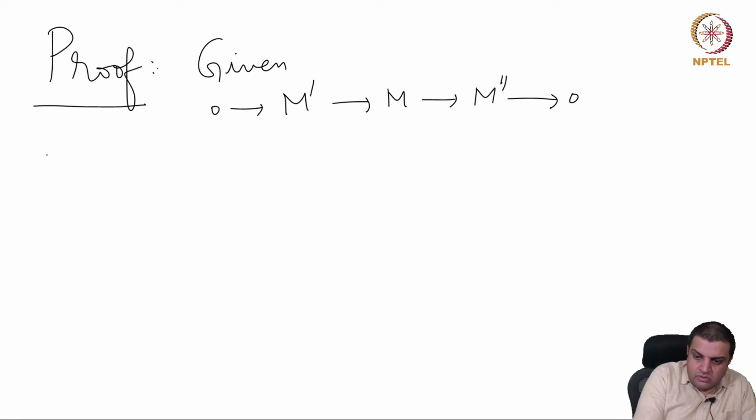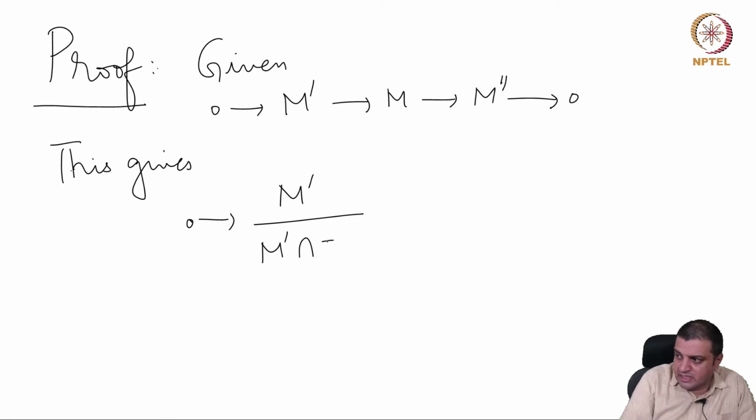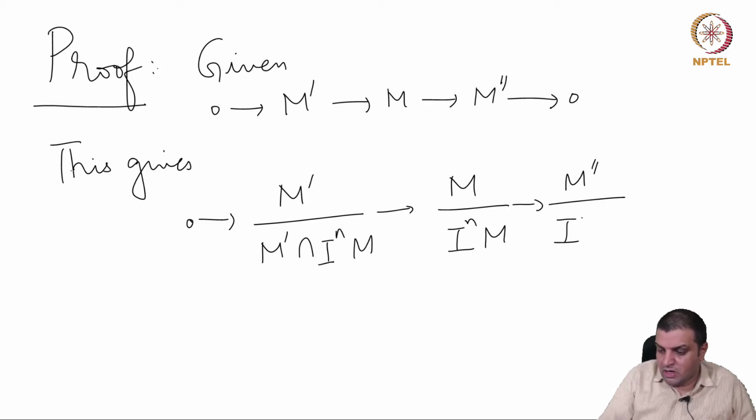This gives 0 to M prime modulo M prime intersect I^n M, so we are going modulo I^n in all of these modules, to M modulo I^n M to M double prime modulo I^n M double prime to 0.